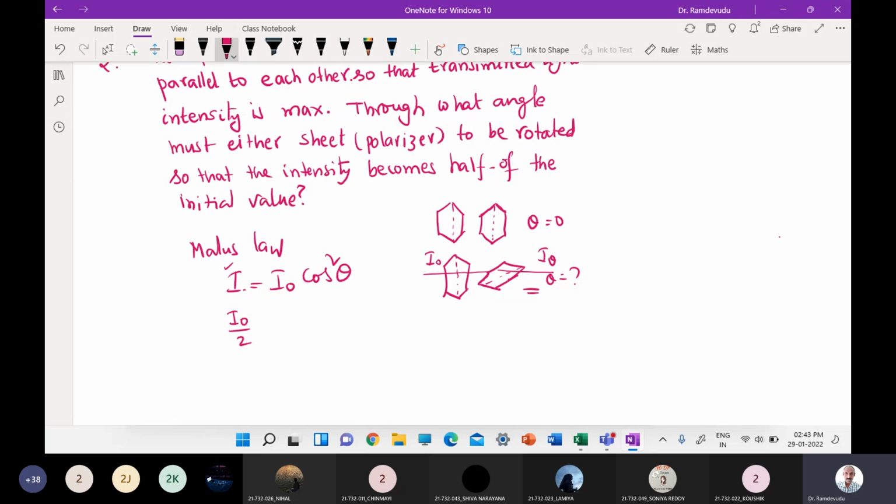So I naught by 2 is equal to I naught cos square theta. So I'll get cos square theta equal to 1 by 2, or cos theta equal to 1 by root 2.